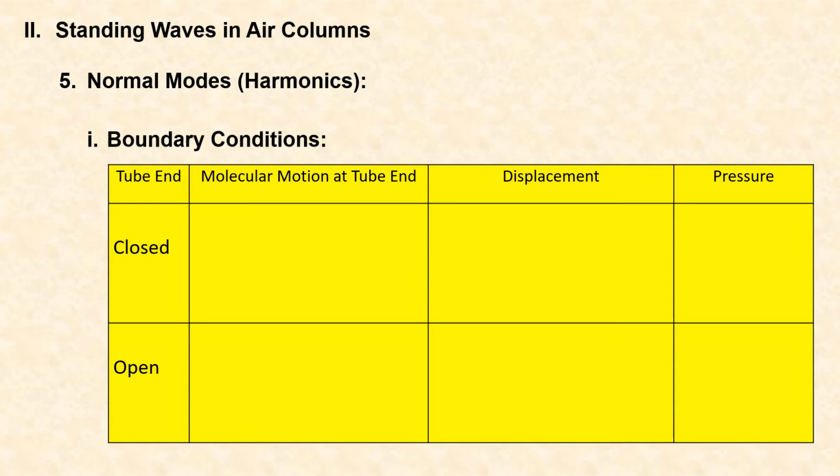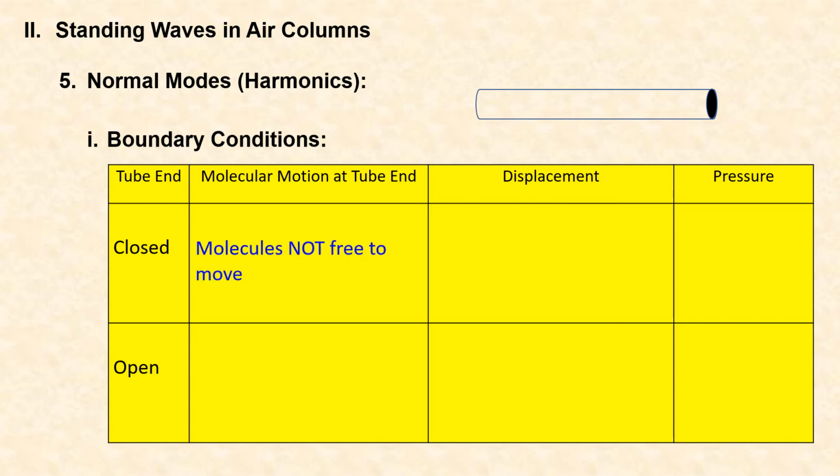So starting with the closed tube, remember we said that a vibrating object at the open end of the tube sends a longitudinal sound wave down the tube, and when that sound wave reaches the end of the tube, which is closed, we can see that the molecules are not free to move there. So in terms of a pressure wave, a sound wave, this would correspond to a displacement node.